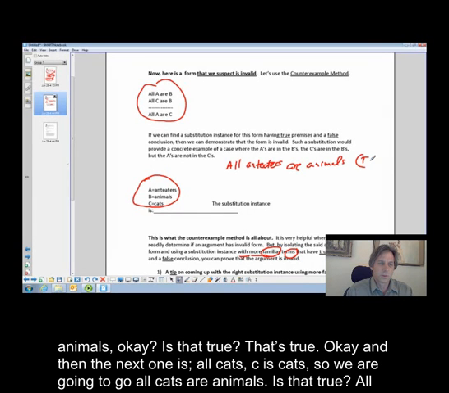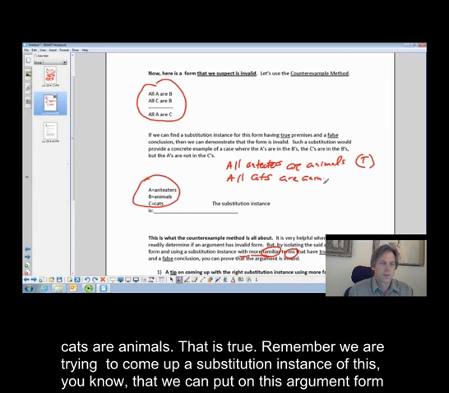That's true. Okay. And then the next one is all cats. Right? C is cats, so we're going to go all cats are animals. Is that true? All cats are animals. That is true.